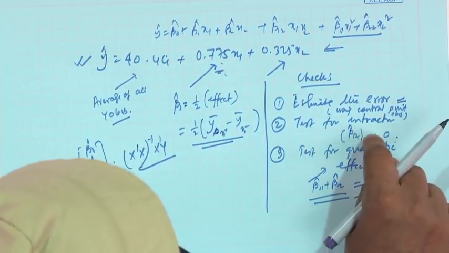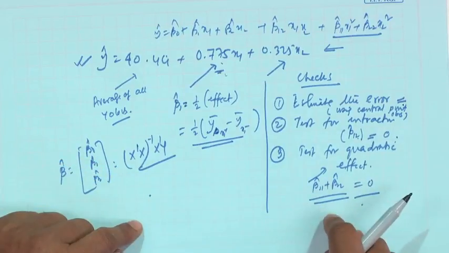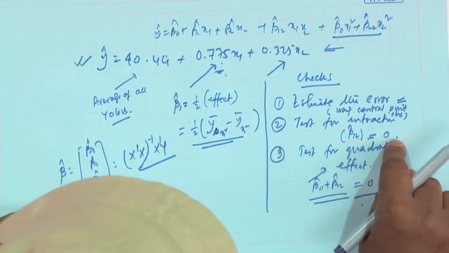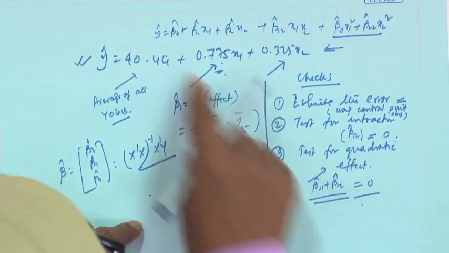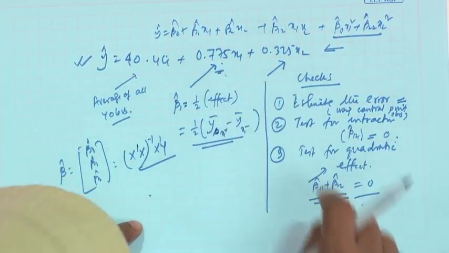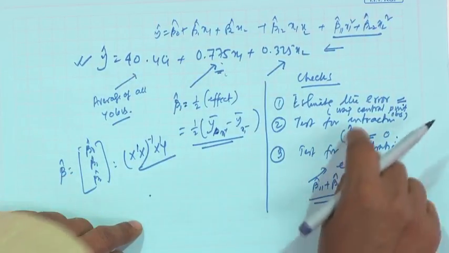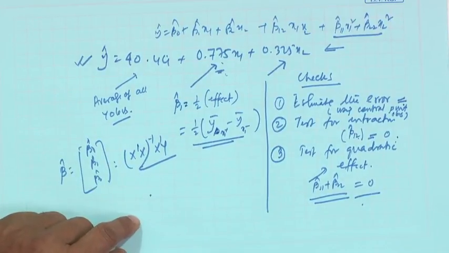If you find that these hypotheses are not accepted, so this model is not valid, what do you require to do? You have to add these terms there.